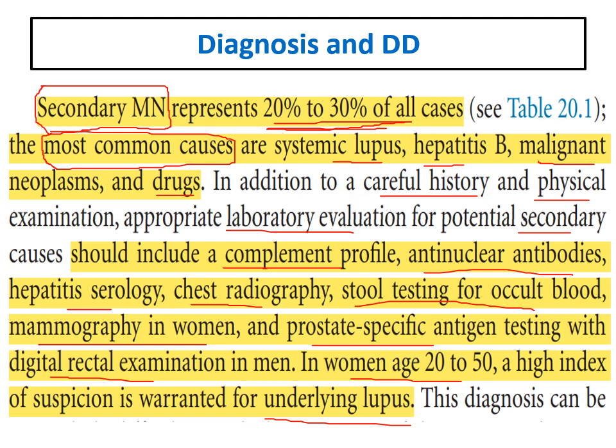We ask for these investigations because we know the common secondary causes of membranous. For each one, we ask a specific investigation: complement, antinuclear antibody, hepatitis C, chest imaging to exclude malignancy, and so on.